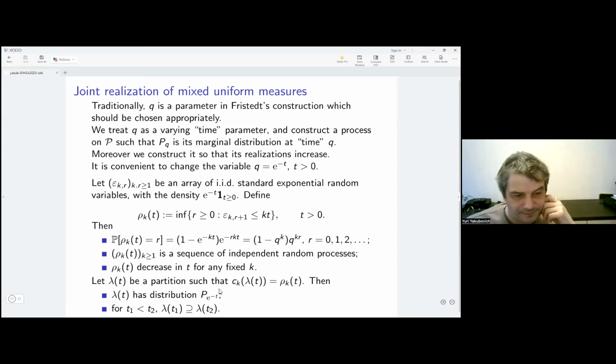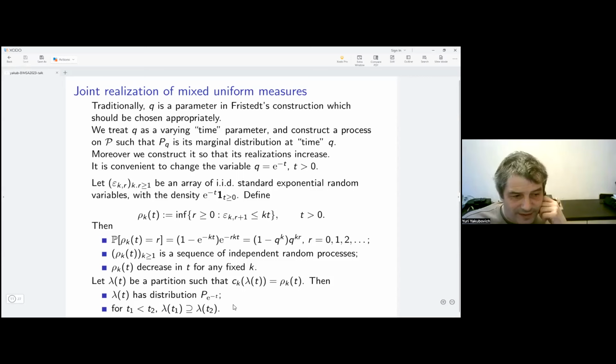And then we define the partition lambda of t. So now it is a partition valued random process, by the requirement that these rho k are the counts of parts k in our random partition.